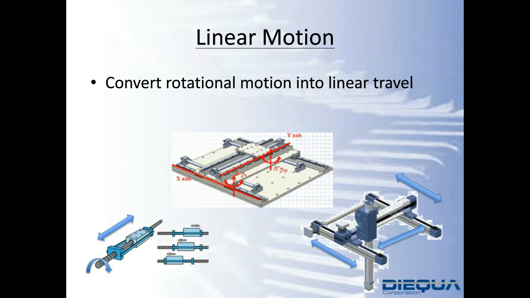The idea with this is you're trying to accomplish a linear motion, but what you start off with in many cases is a power source like a servo motor or AC induction motor. And like everybody knows, those types of motors provide you with a rotational element.